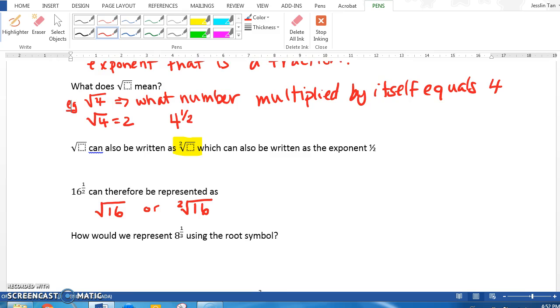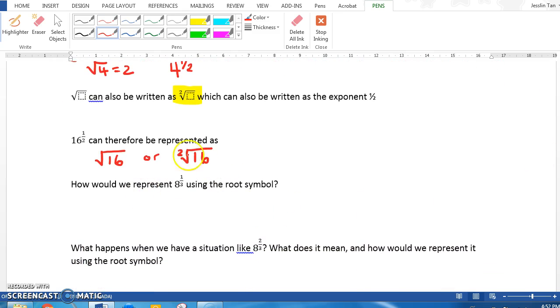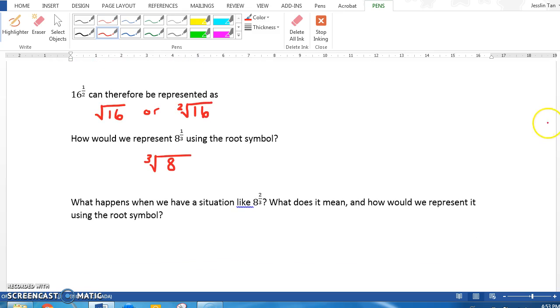Now, this root symbol comes into play when I'm dealing with different denominators. For example, how would we represent 8 to the exponent of 1/3 using this root symbol? Since the denominator is 3, I would use root and 3 in the corner and then the 8 underneath. Now, the next question is, what happens when I start having numbers other than 1 in the numerator?